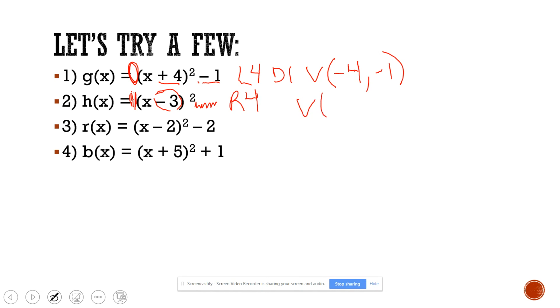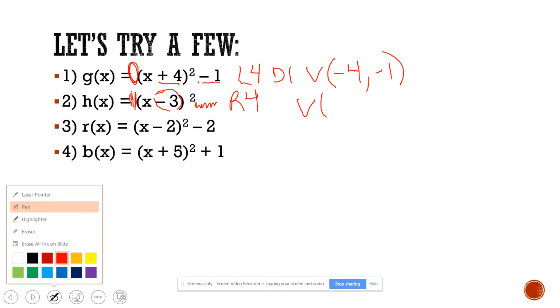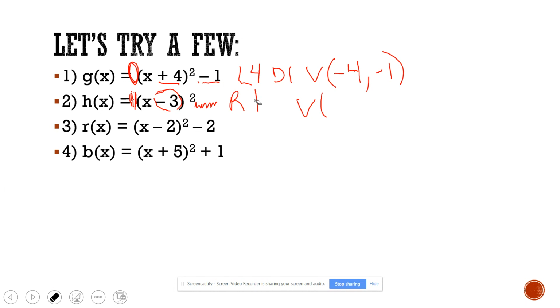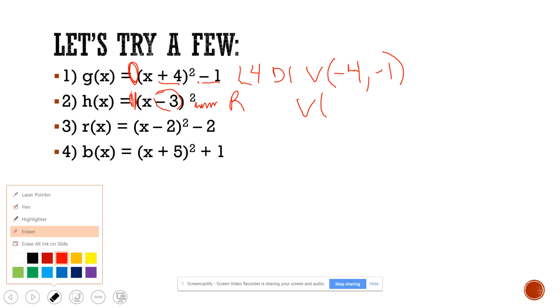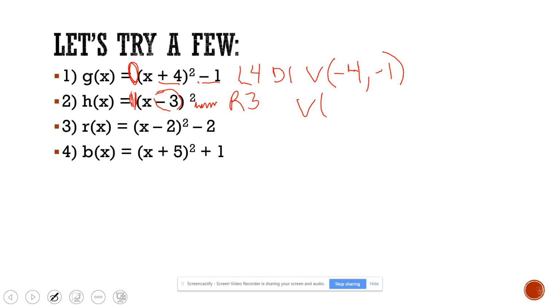That means our vertex, if we went right, excuse me, that's a 3, not a 4. We went right 3. So our vertex is at positive 3. And since we didn't move anywhere up or down, we're at 0, because we could technically write a plus 0 on the outside there.